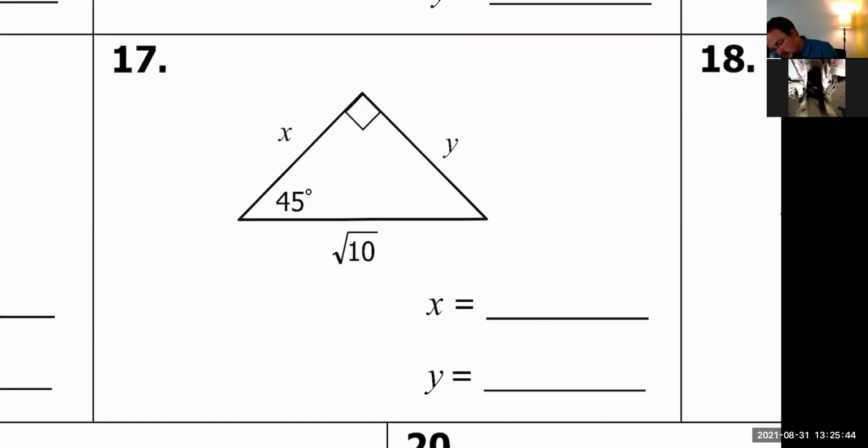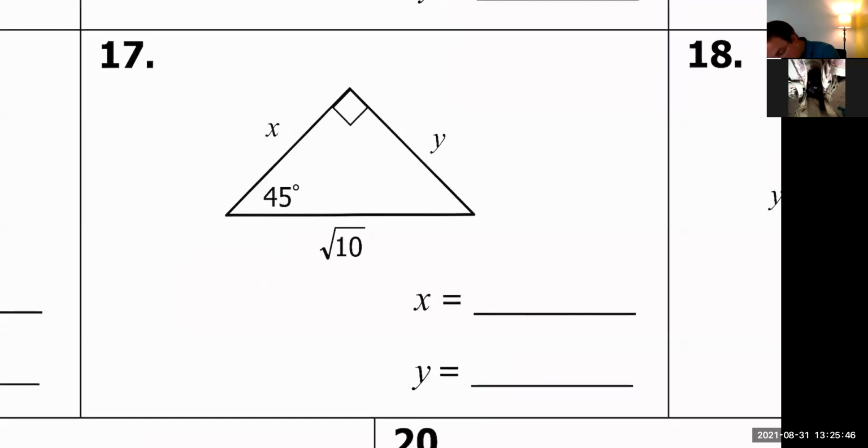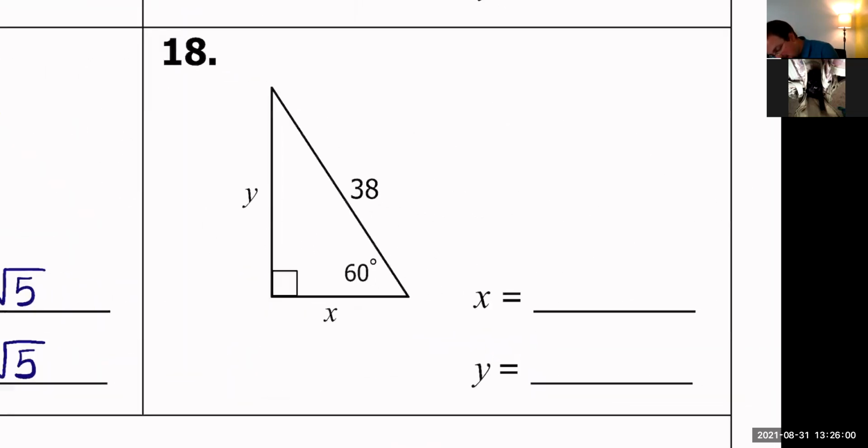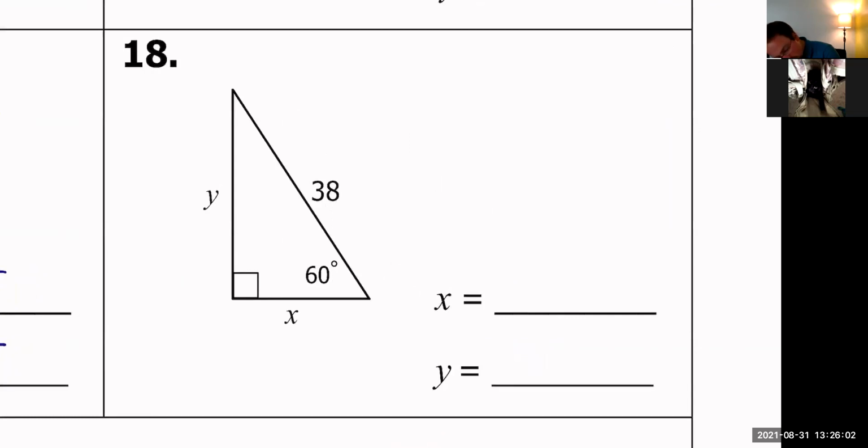Number 17, x is the square root of 5. Y is the square root of 5. Number 18, x is 19. Y is 19 times the square root of 3.